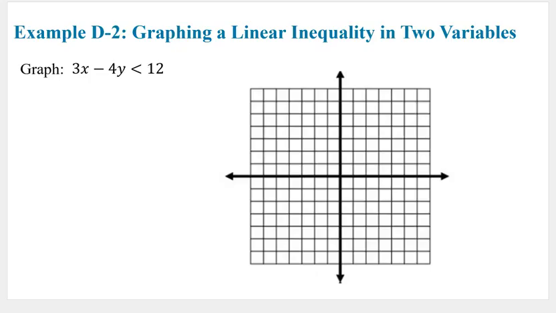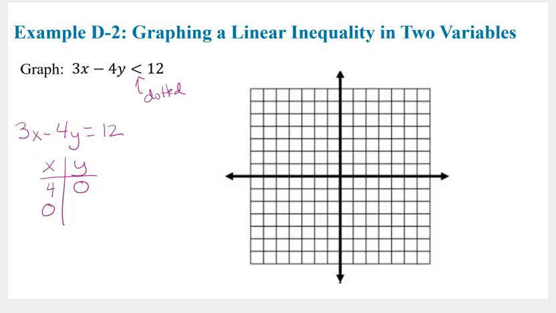All right, in our next example, notice that we have a strictly less than sign. So when we graph this, our line should be dotted. But for simplicity's sake, I'm going to put the equal sign in. Again, I'm going to use my intercepts because it's in standard form, and that's what standard form was made for. So if I plug in 0 for y, I get 3x equals 12, which means x has to be 4.